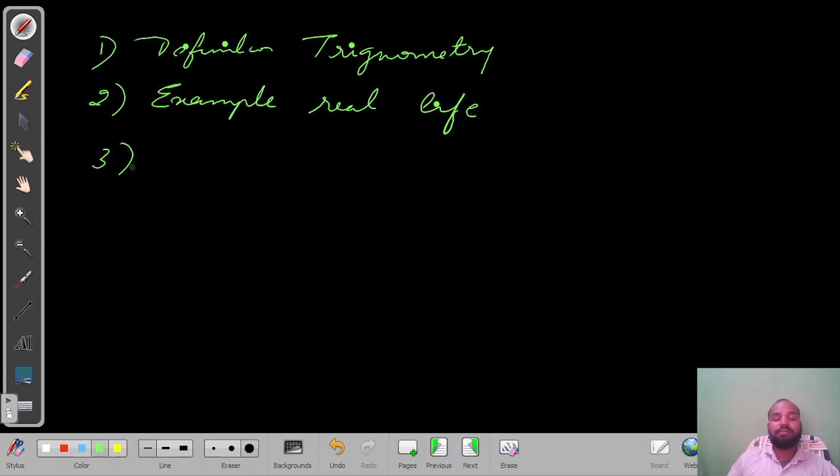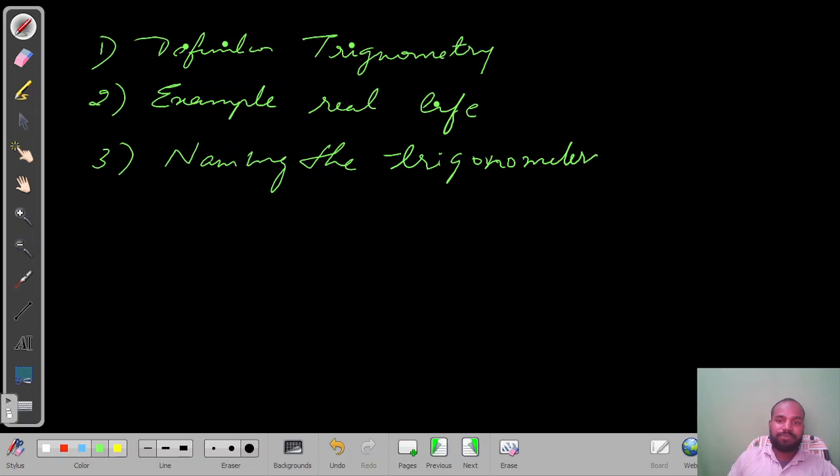Next, after examples, we discussed naming the trigonometric ratios. Then, after naming the trigonometric ratios, the values of some important angles.